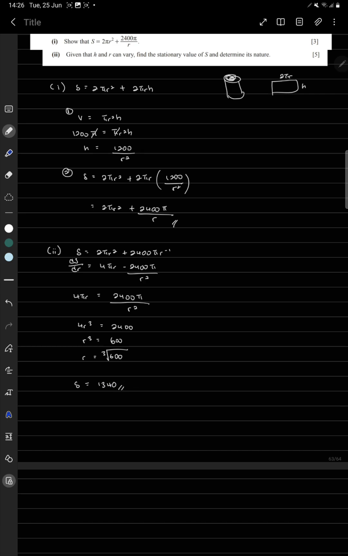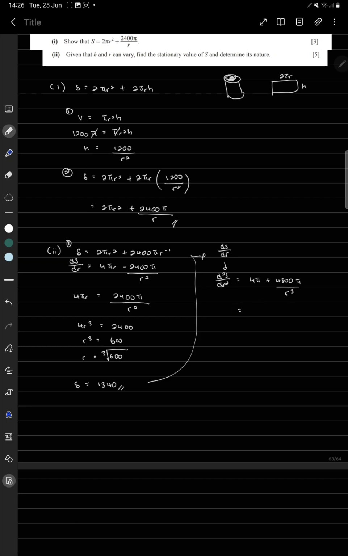Okay, but this is just the value of s. We need to next determine its nature. So we take the ds over dr and differentiate it again. We're trying to find d2s over dr square because we're trying to find the nature of the stationary point. So we'll get 4 pi plus 4800 pi over r cube.